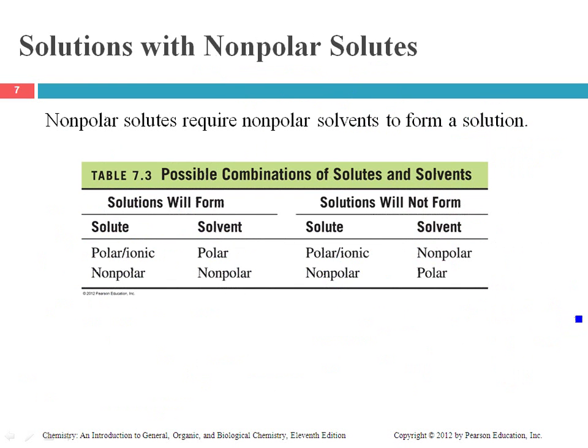So this just shows, once again, your ionic compounds, metal and nonmetal, like sodium chloride, potassium chloride, sodium bromide, and the list could go on. And we have to have a polar solvent. This is just a table showing like dissolves like.